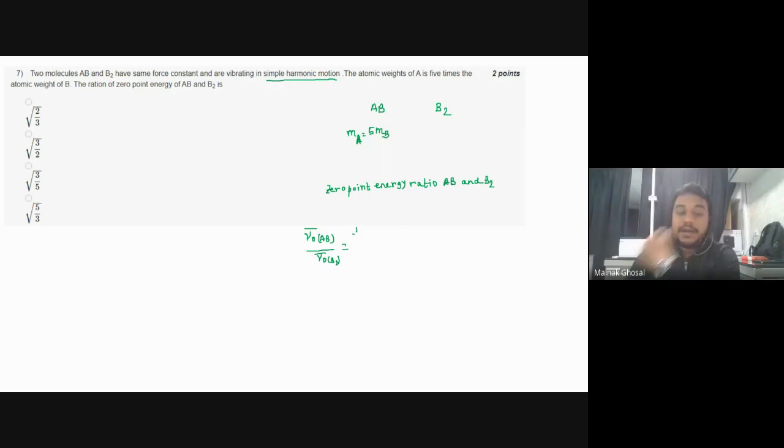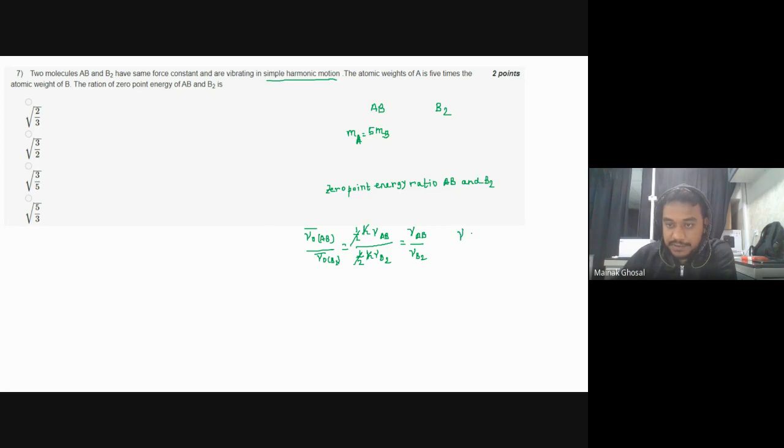Half h nu, exactly. Half h nu of AB by half h nu of B2, right? Because it is a simple harmonic oscillator approximation, you can write this zero point energy as half h nu. So half will cancel out, h will cancel out, and you will be left with nu AB by nu B2.